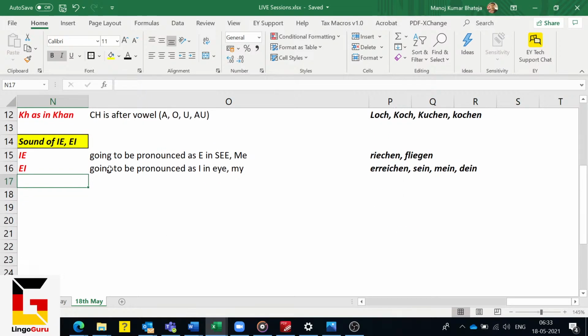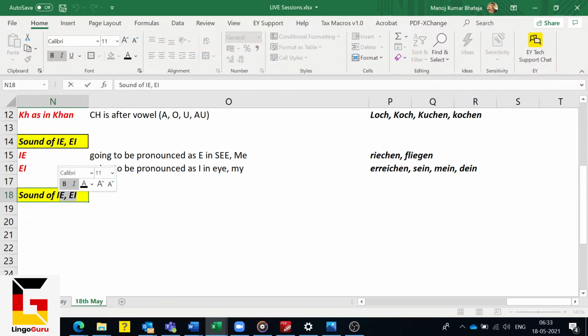The next we have the sound of two vowels, AU. When A and U come together, how are they going to react?